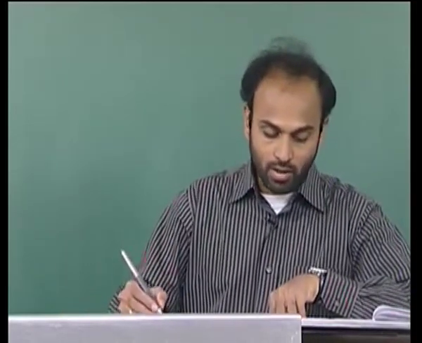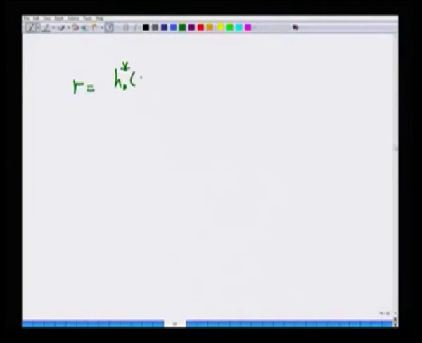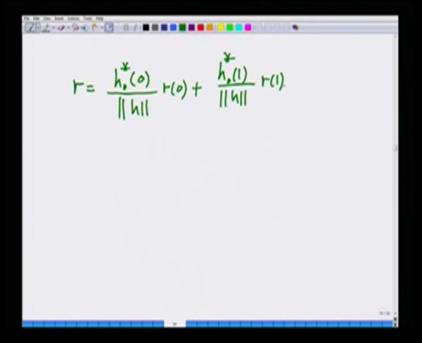So, I will combine them as follows: h 0 0 conjugate divided by norm h times r of 0 plus h 0 1 conjugate divided by norm h into r of 1 plus, and so on, h 0 of L minus 1 conjugate divided by norm h into r of L minus 1.